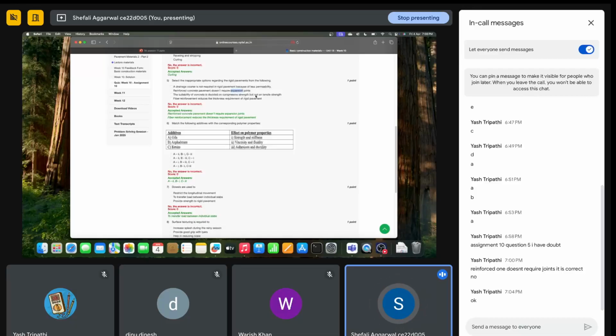I will try to change the statement. I understood your point too. So generally in RC pavements we discussed that we are not providing expansion joints, particularly like dowel bars or something. So yeah, that will be a wrong option in it. But actually we do provide joints, but it won't be with dowel bars or something.